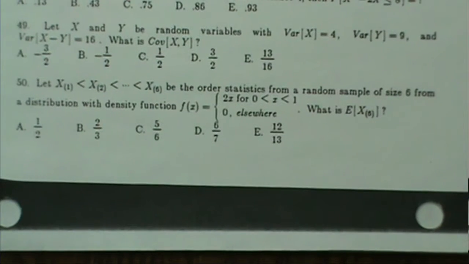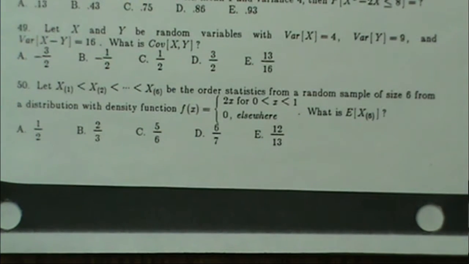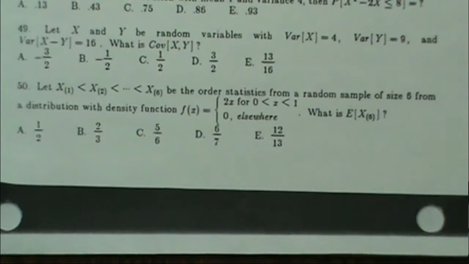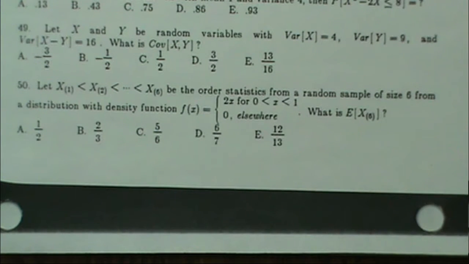Number 50, let x1, x2 through xn be the order statistics from a random sample of size 6 from a distribution with density f of x equal to 2x. What is the expected value of x to the 6th? That's the 6th order statistic.